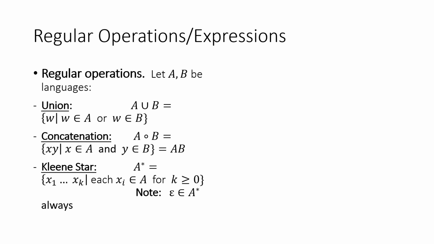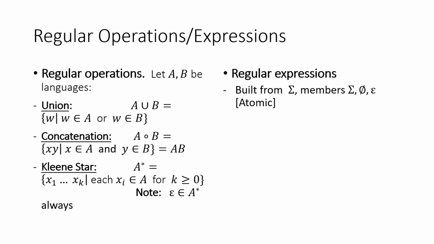So when we have a regular language, it's actually built up of regular expressions, which are built from sigma itself, so the alphabet, consisting of the letters of sigma, the empty set, and the empty string. And then once you have individual letters, you can start building up more words.